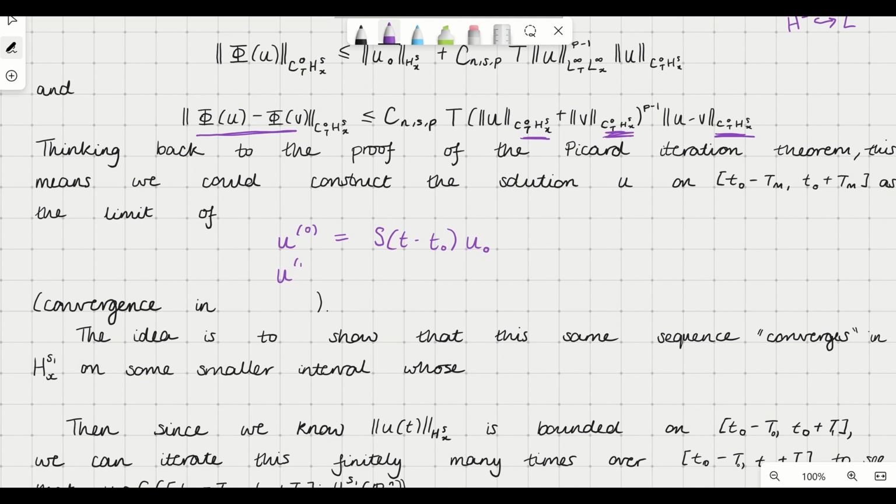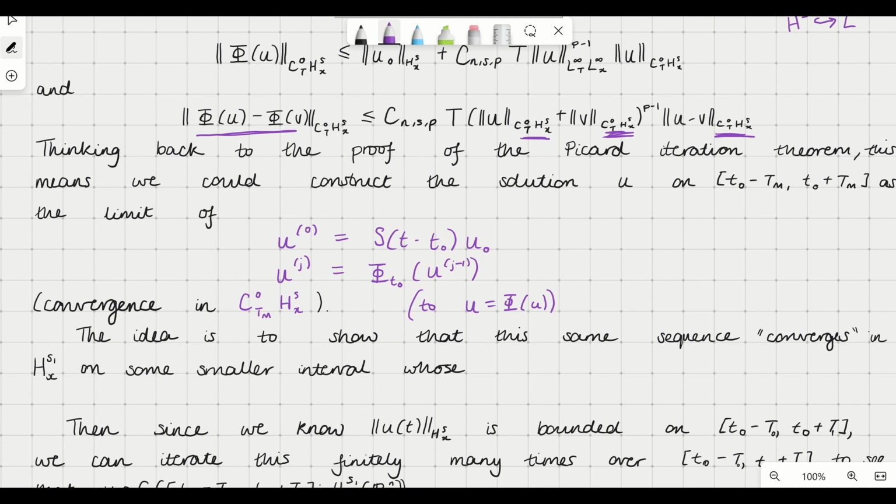And then the later iterates uj are just going to be phi applied to the previous uj, so u1 is phi of u0 and so on. And we showed that these converge on C0Tm HSX to the solution u, which is the fixed point and the solution of our equation.